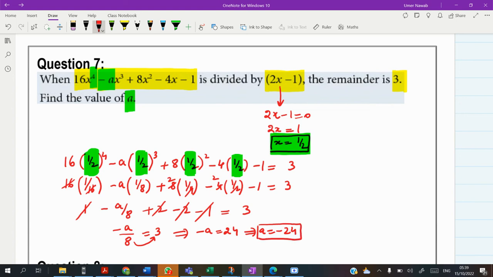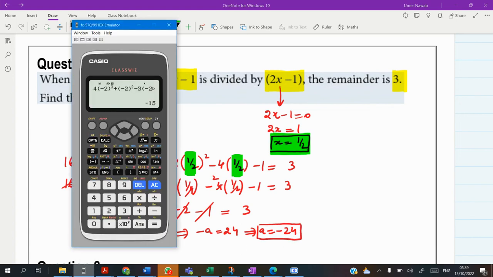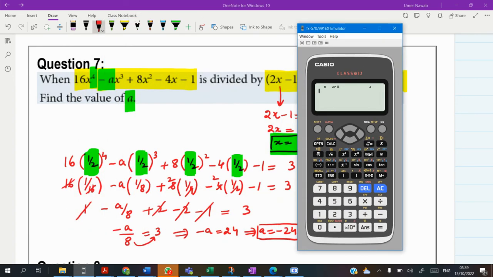So I did all the steps, but if you want to get the answer directly from the calculator, it is possible.